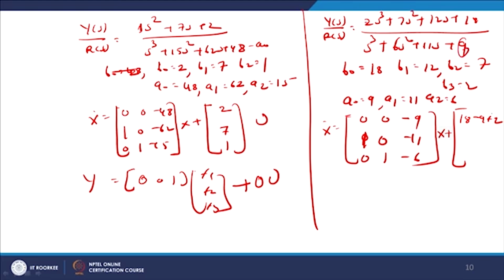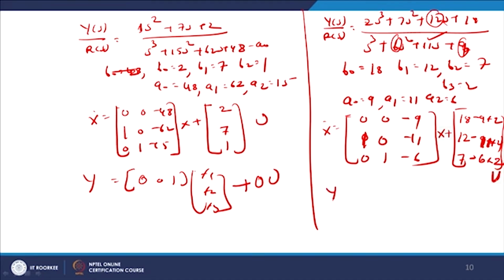Second is 12 minus 11 multiplied by the same 2, and thirdly we have to write the third element as 7 minus 6 multiplied by the same 2.